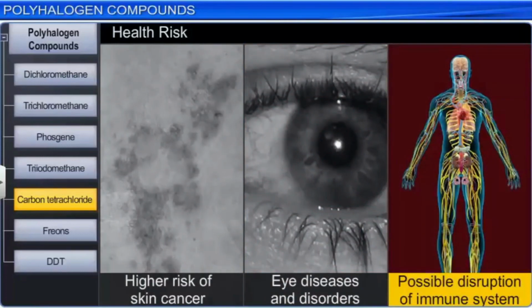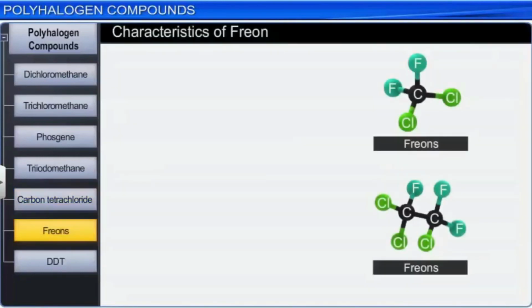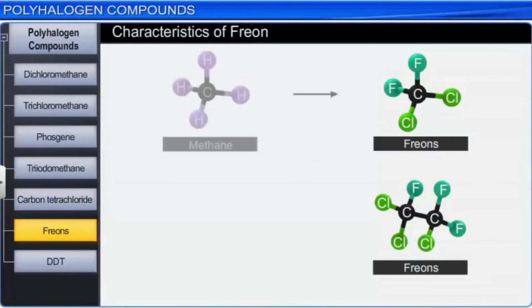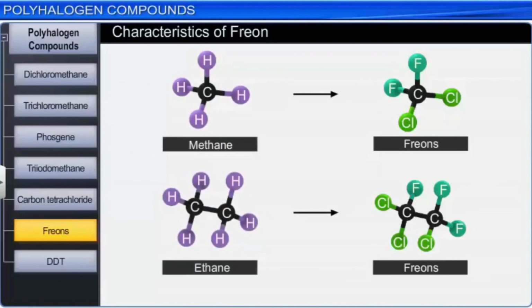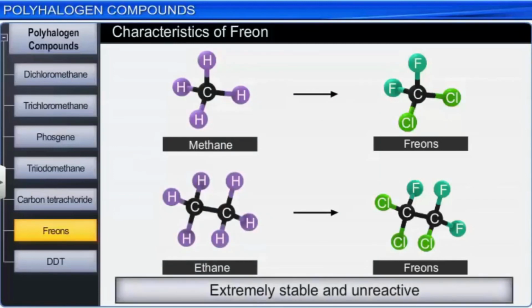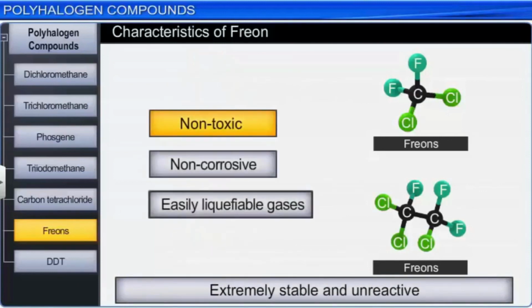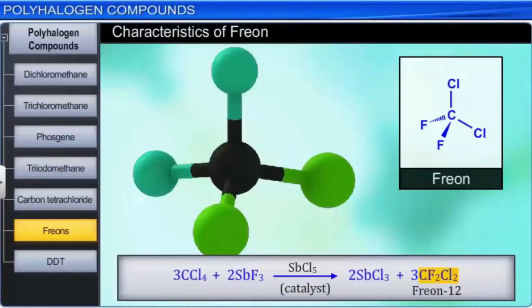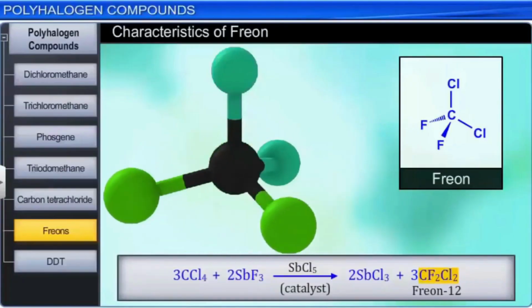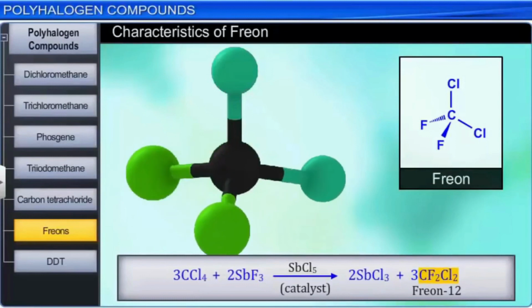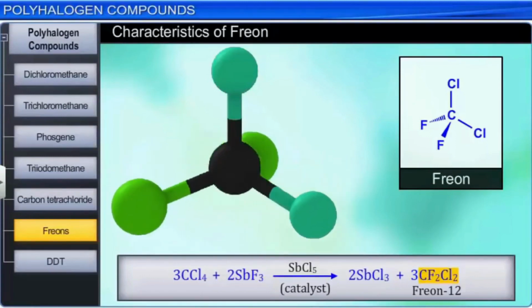Freon is the name given to a class of compounds that are chlorofluorocarbon derivatives of methane and ethane. These compounds are extremely stable and unreactive. They are non-toxic, non-corrosive, and easily liquefiable gases. Freon 12, illustrated here, was one of the most commonly used freons in the industry.